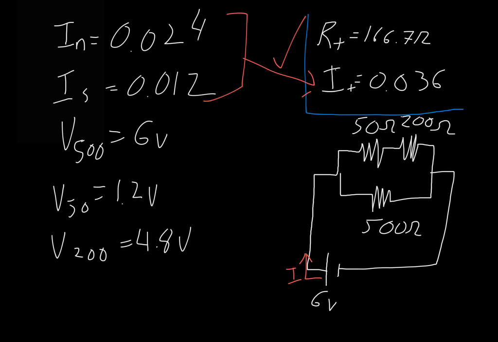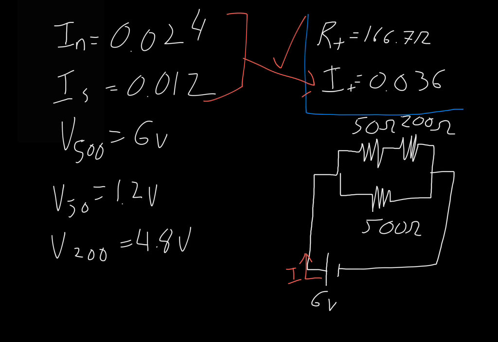Because they are in parallel, the currents should add together. Now, I kind of skipped over the fact that the 50 and 200 ohm resistors in this one are in series, and so the current we have through one of them, 0.024, is going to be the current through the entire branch. So that is consistent there.